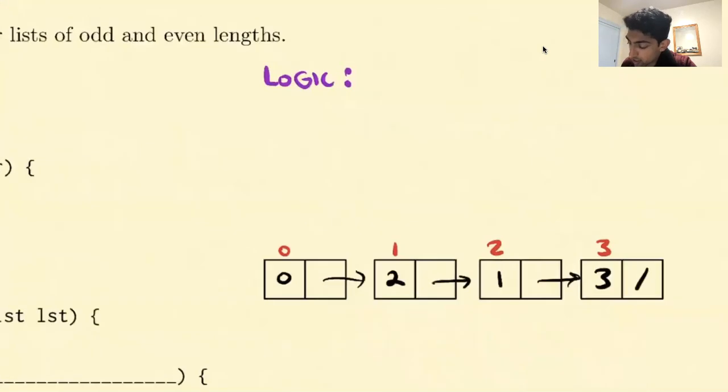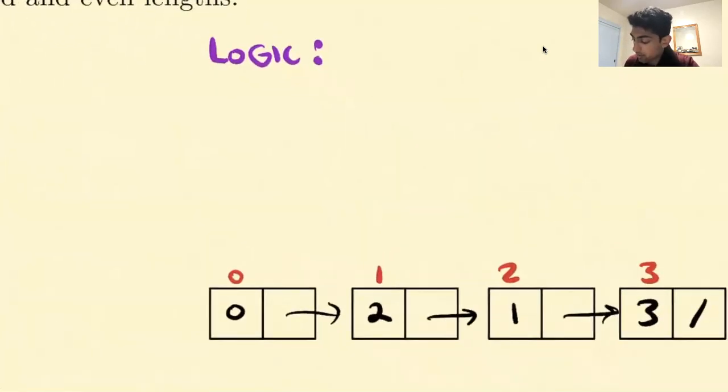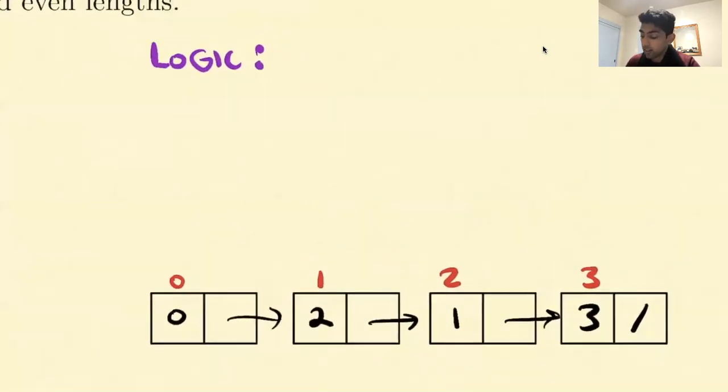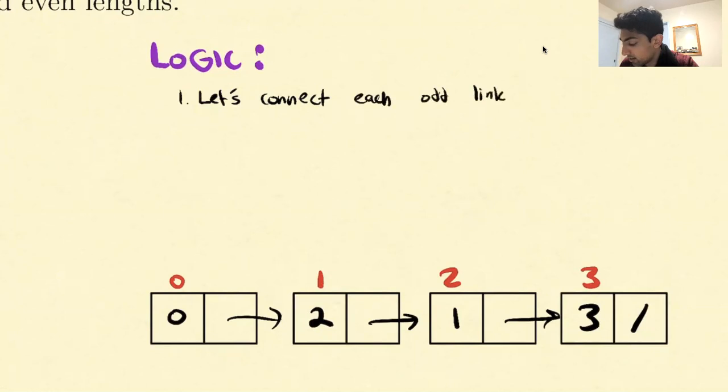I'm going to build some logic. There's a few things that first strike me. The first idea is, let's use black, and connect each odd link to the next odd link.